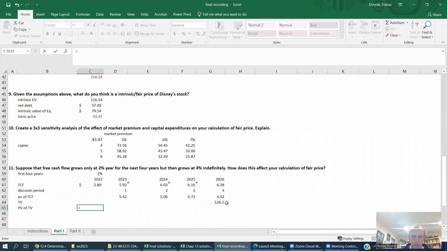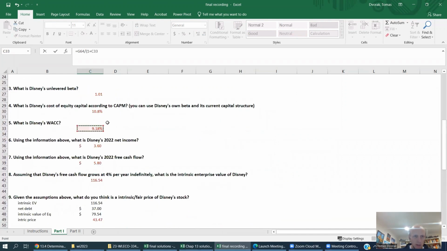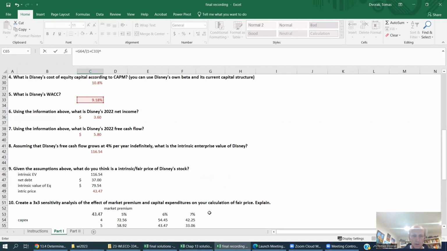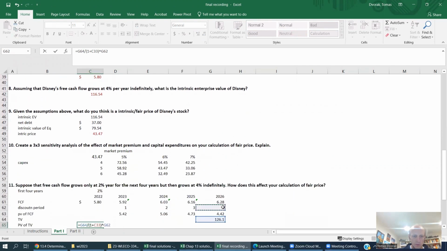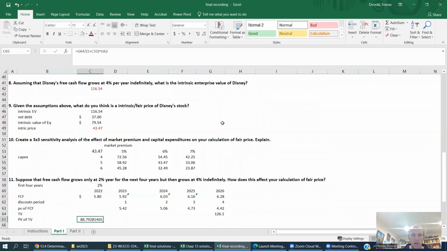So I'll do this divided by 1 plus my WACC, raised to, just put a 4. Now let's say enter to that. And that's the present value. So today's value, that's 126.